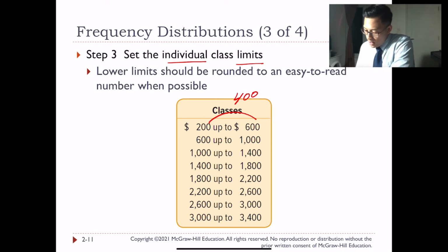Now, one thing that we need to be careful of is that the classes need to be collectively exhaustive and mutually exclusive. The classes should be designed in such a way that they are both exhaustive and mutually exclusive.